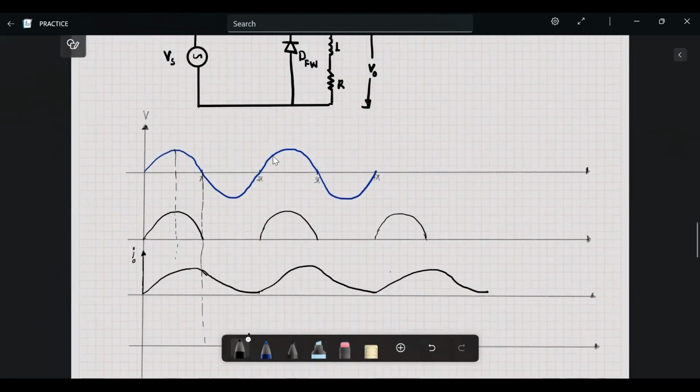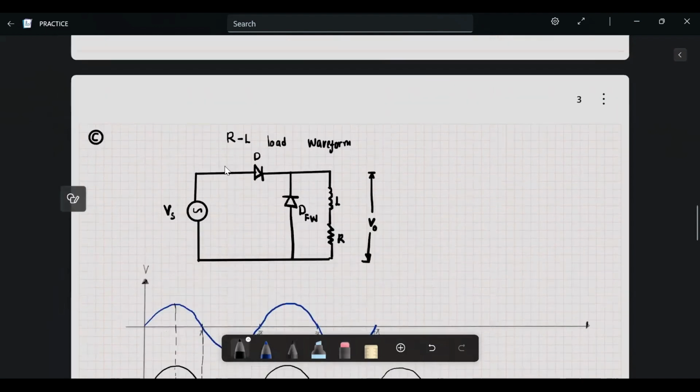When the main diode D is off, because during that time the inductor starts discharging its current across the load, right? So since this diode is off, the inductor now will have this polarity, positive, minus here, so it will still continue delivering the current to the load, right? So this current will pass through this freewheeling diode like this.